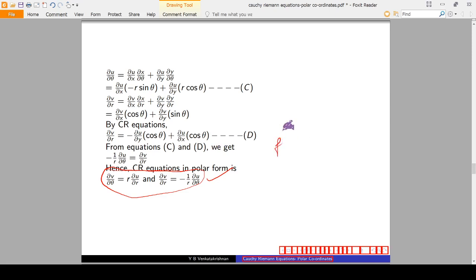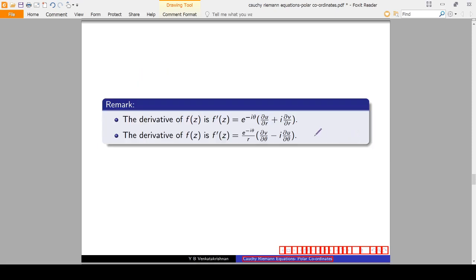In the case of the Cartesian coordinates, you had the formula for f dash of z, namely ∂u/∂x plus i ∂v/∂x. Similarly, here for f dash of z, you have two expressions, one in terms of partial derivatives with respect to r, and the other with the partial derivatives with respect to theta.